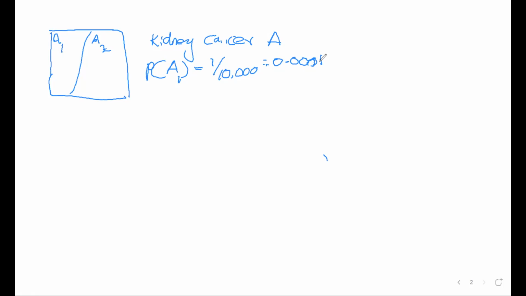Then an individual who does not have cancer is A2, and it is the complement of A1.